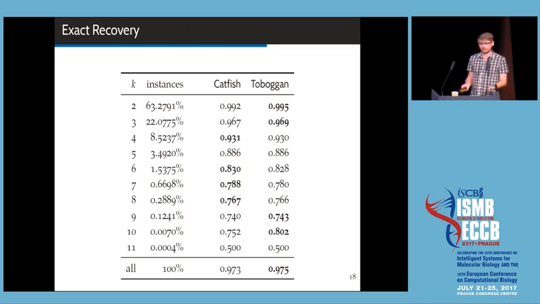In some cases we have better performance, sometimes they do, but it's always really close, so it's hard to say who's better here. Overall, we were a little bit better, but I think the takeaway is that this also is a good way to recover the ground truth.